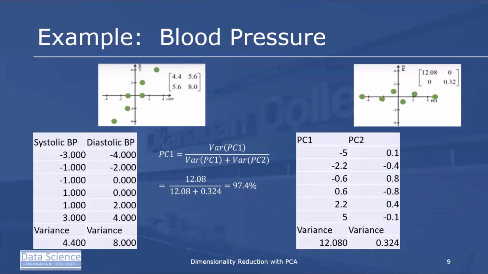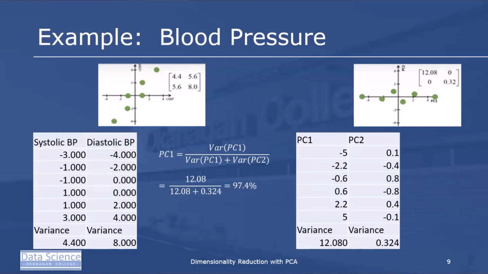Looking at the diagram in the top right, our data has been rotated 45 degrees clockwise. And as we saw earlier, we could ignore the vertical axis in this diagram, which we've labeled PC2. The variance associated with PC1, the x-axis in this figure, is 12.08.